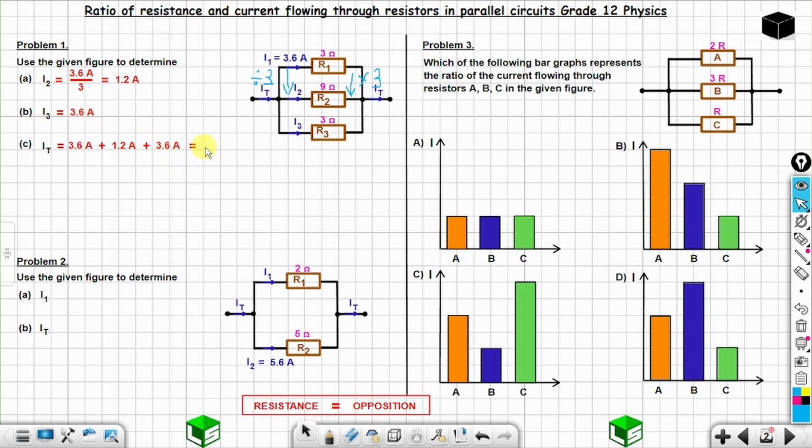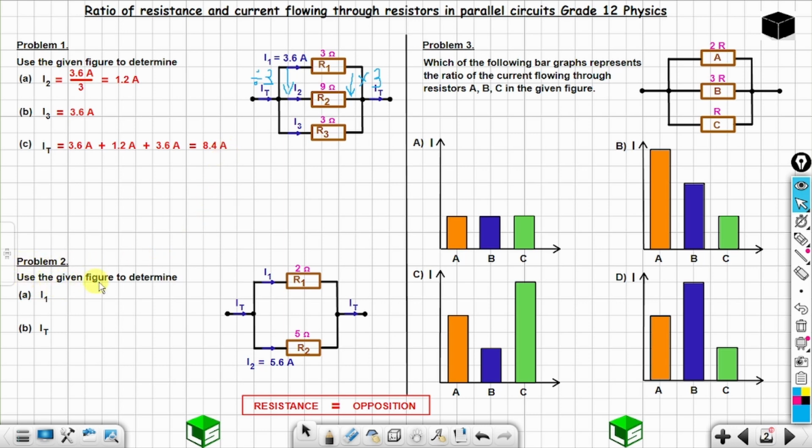So this is equal to 3.6 plus 3.6, which is 7.2, plus 1.2. You are going to have 8.4 amperes.